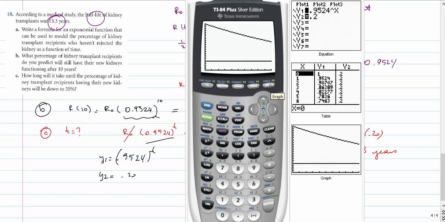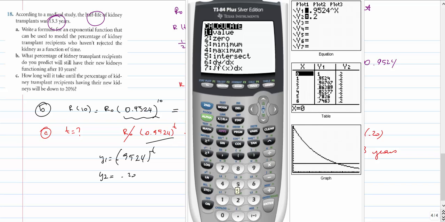Let's extend x max, let's make it 50, graph. Alright, now second calc, go to 5, first curve, second curve, intersection.